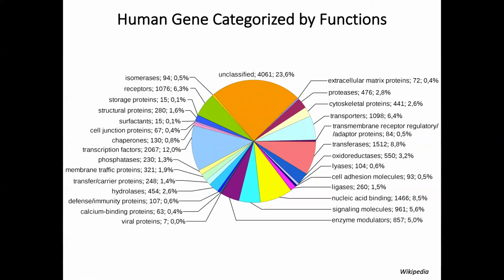Since the ultimate purpose of DNA is to produce proteins, think about what proteins are the most important to maintain the function in our cells. This picture from Wikipedia summarizes different categories of proteins that are encoded by human genes, all of them. Can you find the classified group with the largest number of genes?